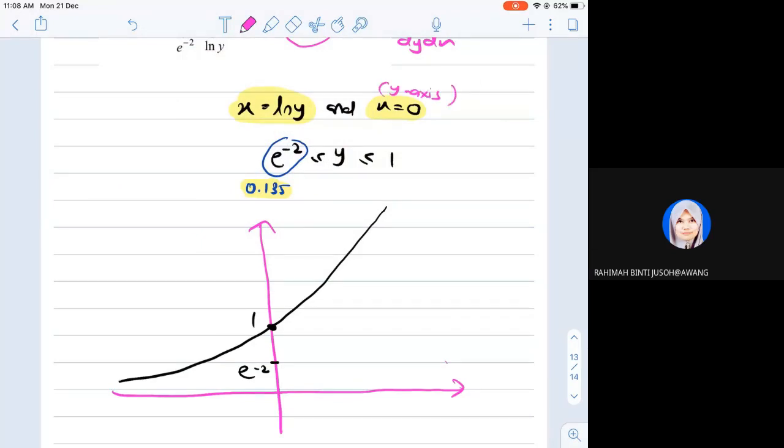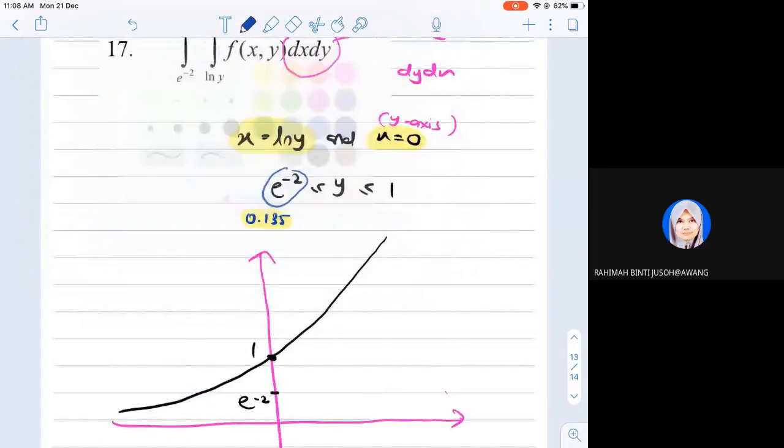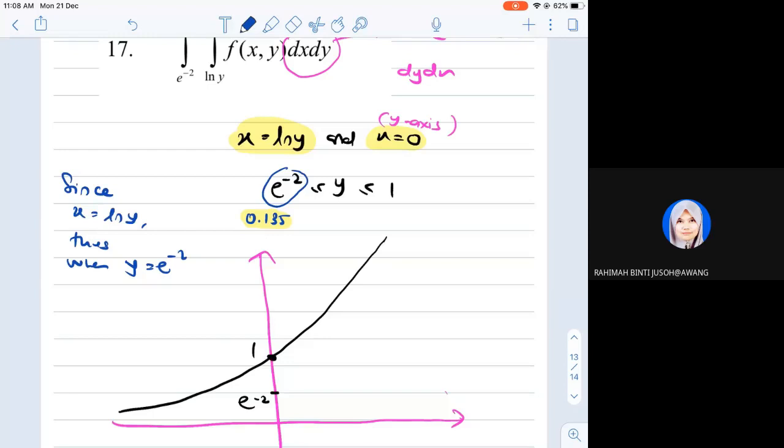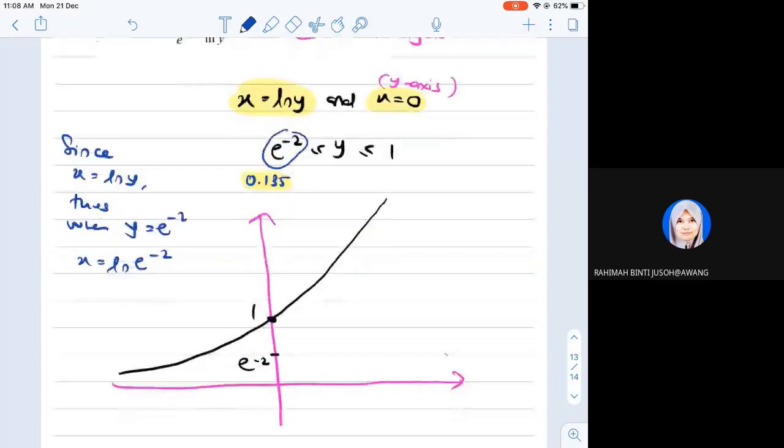Okay, so now we want to find the position when y equals to exponent negative 2. Since x equals to ln y, thus when y equals to exponent negative 2, we have x equals to ln of exponent negative 2. So we will have x equals to negative 2, isn't it?